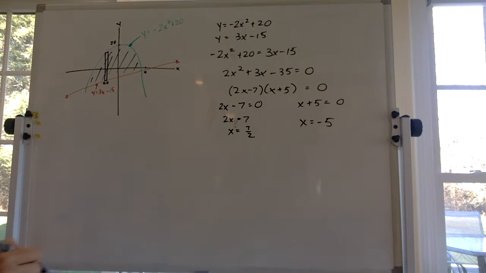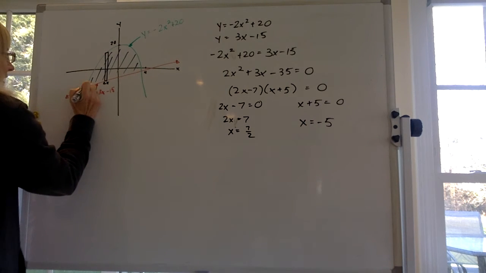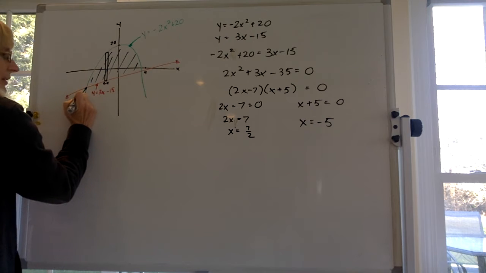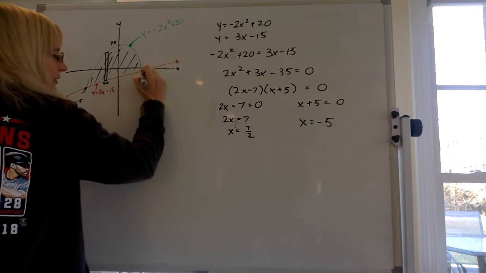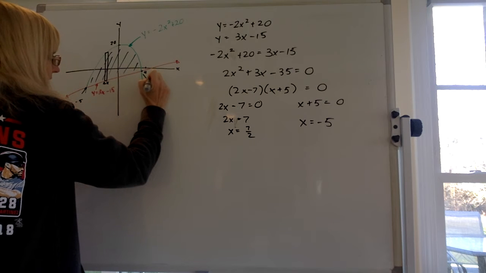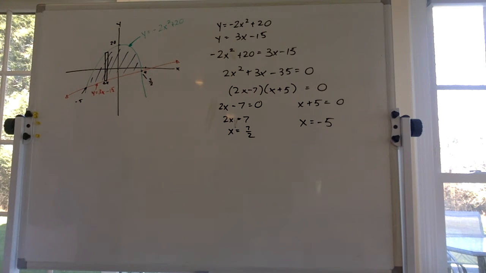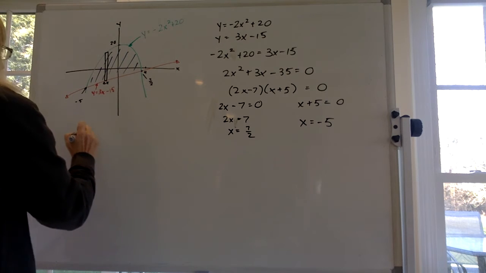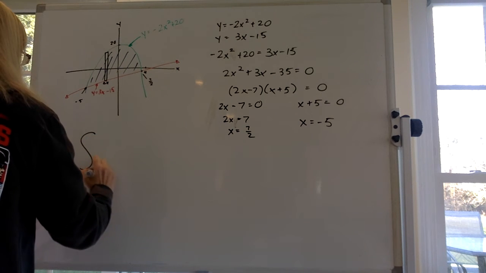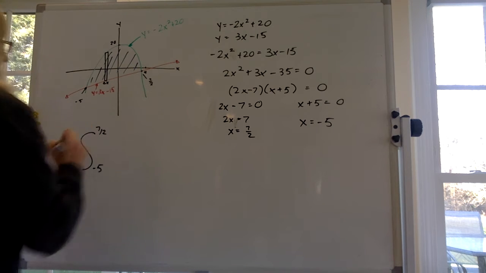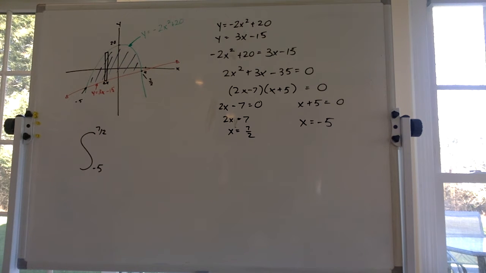So we just figured out that right here the x value is negative 5, and right here the x value is 7/2, which is 3.5. So now we know that we have to integrate from negative 5 to 7/2.